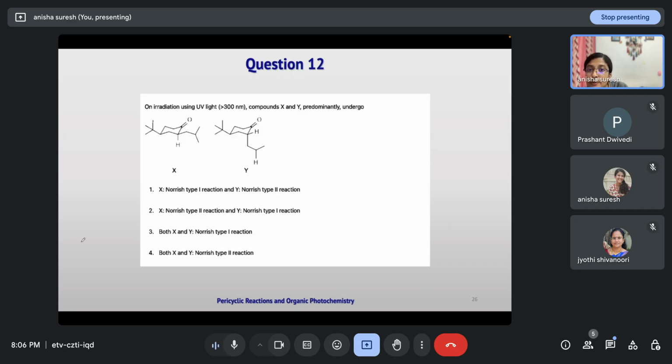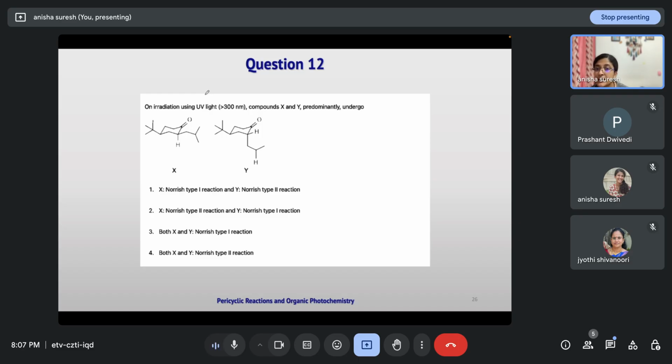On irradiation using UV light, which is greater than 300 nanometers, compounds X and Y predominantly undergo. So here two compounds have been given. So one can undergo a Norrish type 1 reaction and the other can undergo a Norrish type 2 reaction. For Norrish type 2 reaction to take place, there should be feasibility for gamma hydrogen abstraction.